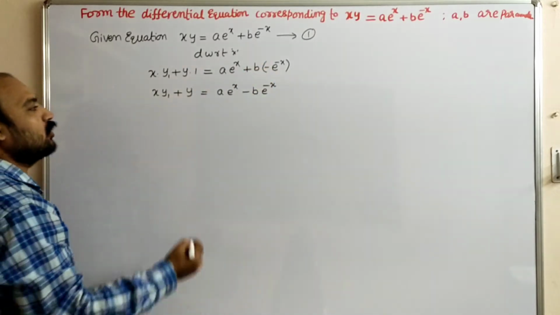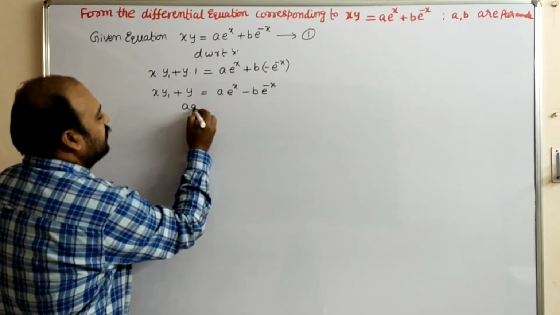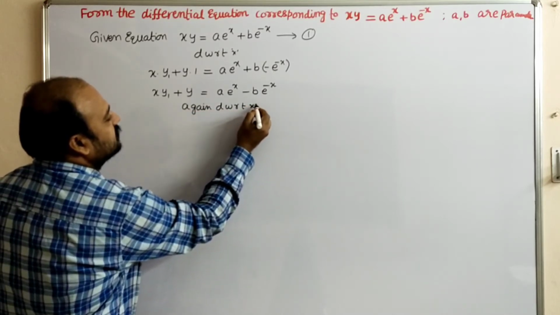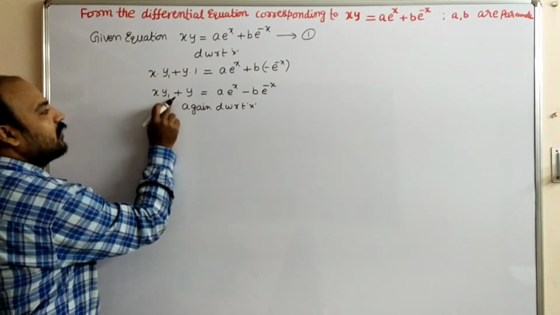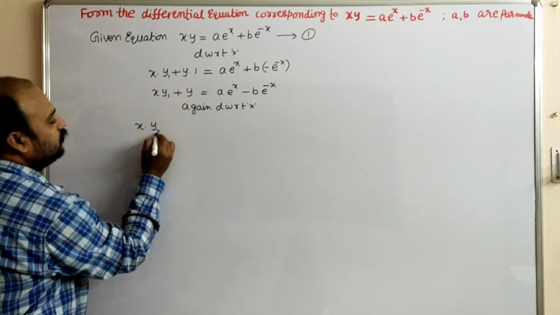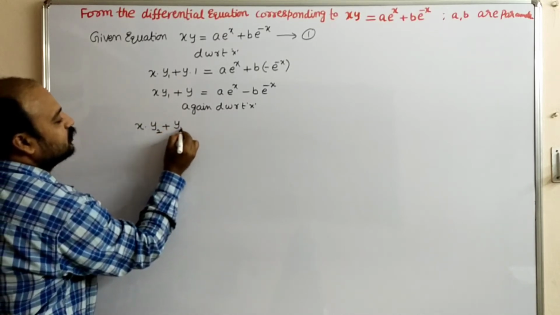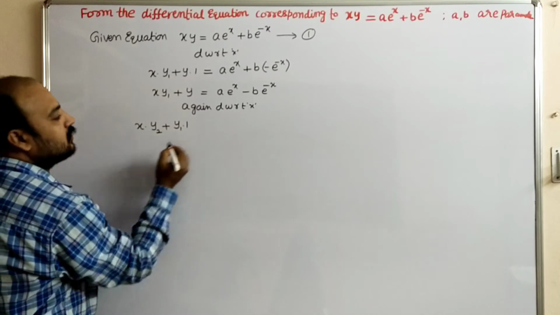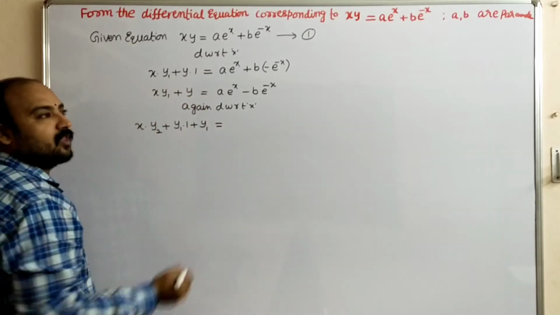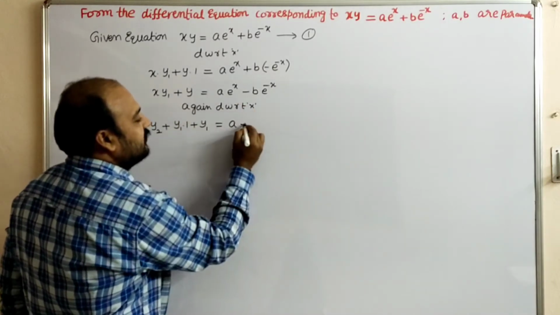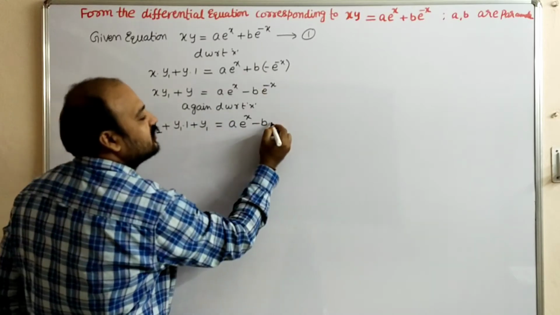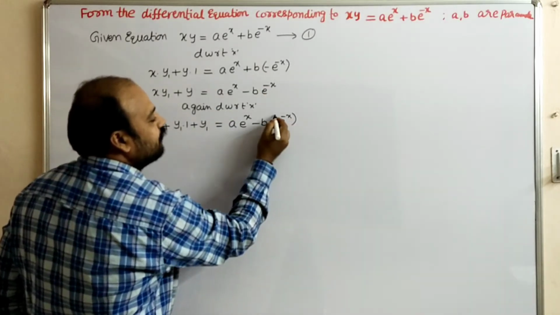Next, the second time you have to do that. Again differentiate with respect to x. Again UV formula for x into y1. X into y1 derivative is y2, plus y1 into x derivative, which is 1, plus y derivative, which is y1, equal to a into e^x derivative, which is e^x, minus b into e^(-x) derivative, which is minus e^(-x).